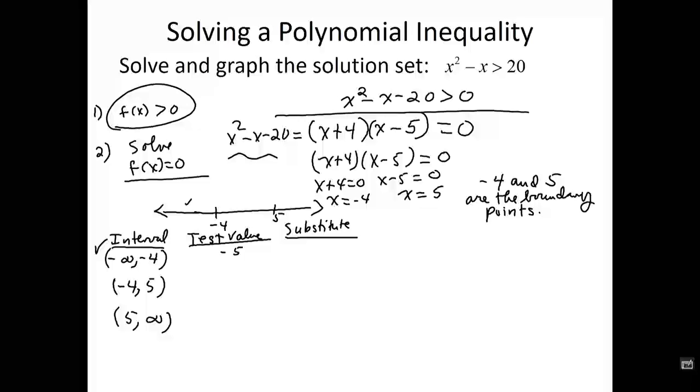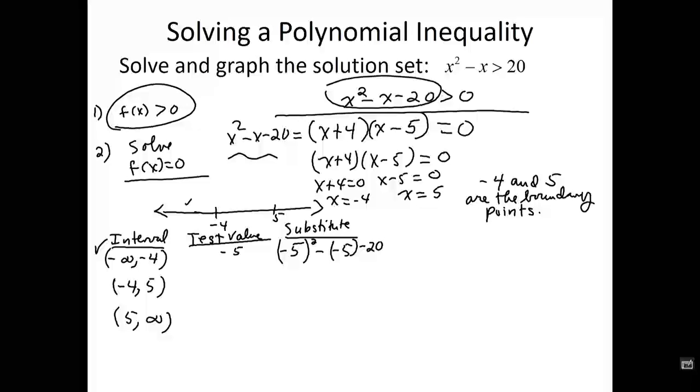So we have negative 5 squared minus negative 5 minus 20.